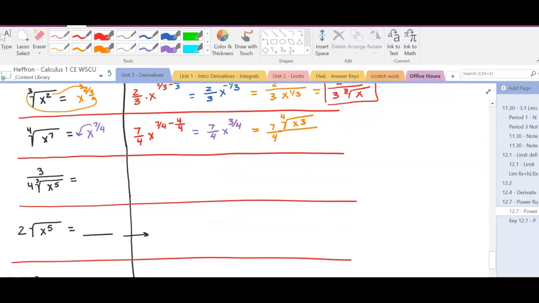A couple more. This one's harder. 3 over 4 x to the 5 over 3 becomes 3 times x to the negative 5 over 3 over 4.